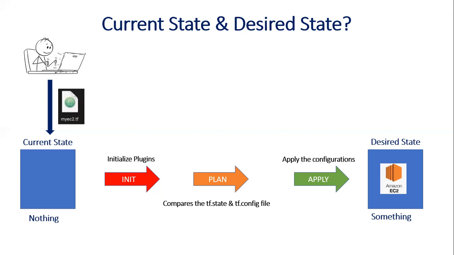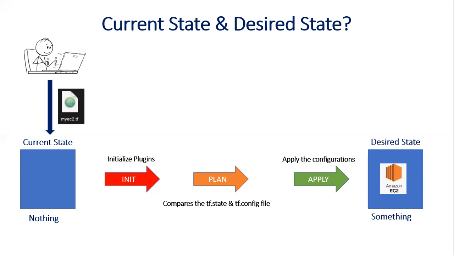But the tf config file has some resources which we need to create. So in this plan, when you execute it, it compares your current state with your config file and says, okay, my environment is going to be created with a new resource which is defined in the tf config file. It will just plan, and it'll be available for it to apply.